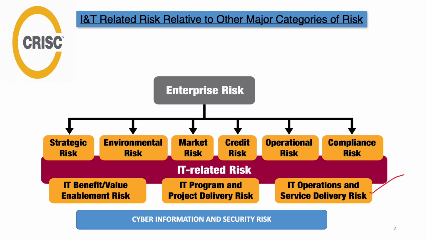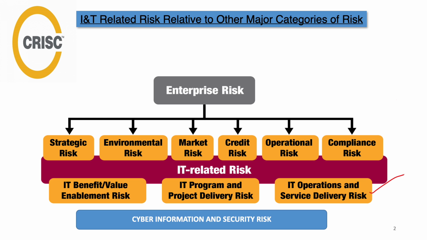Moving further ahead, coming on to the IT-related risk. The first, under the IT-related risk, is IT benefit and value enablement risk. In this, the projects implemented do not create the expected value. Not all IT risks are negative.